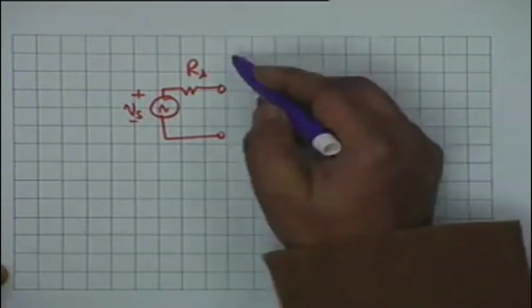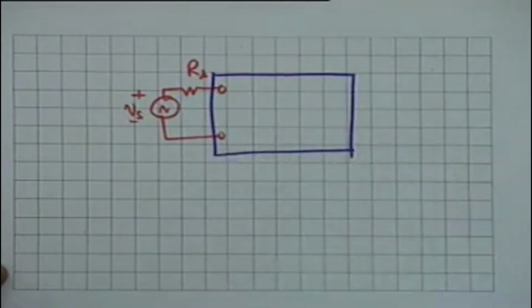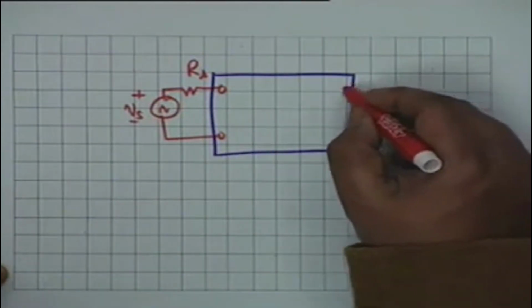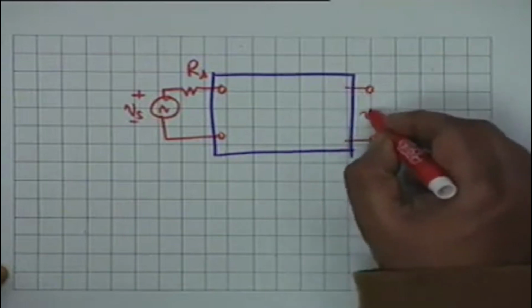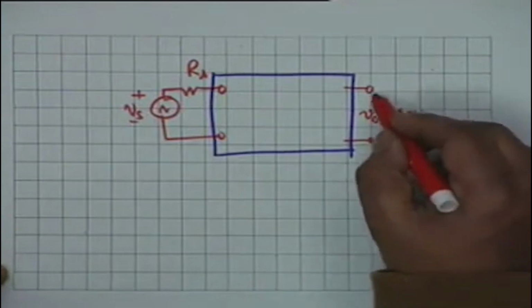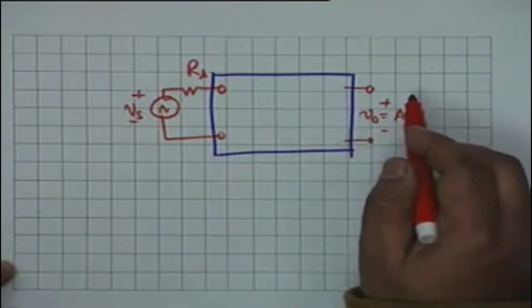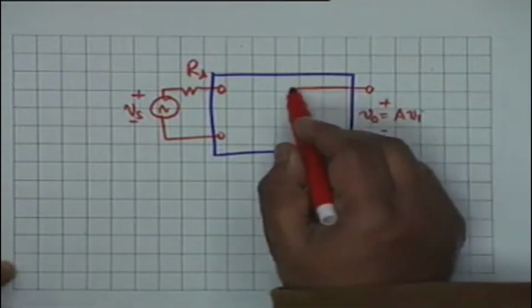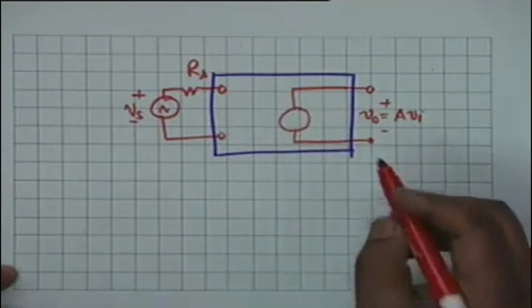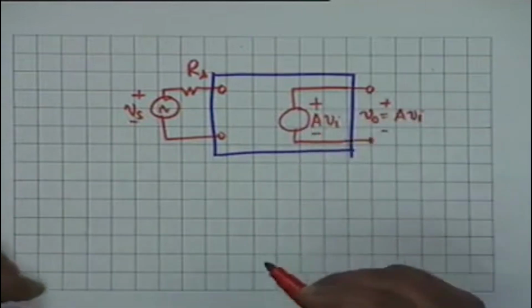This is connected to the ideal amplifier, and the ideal amplifier produces a voltage V0 equal to A Vi, whatever be the resistance connected to this, which means that it behaves like a voltage source of value A times Vi with this polarity.